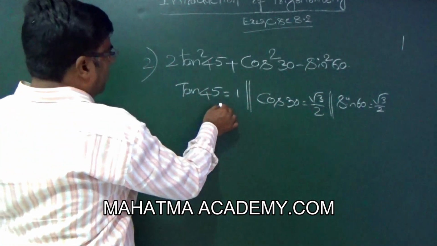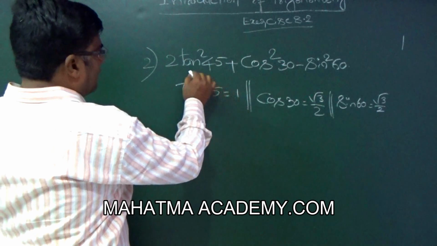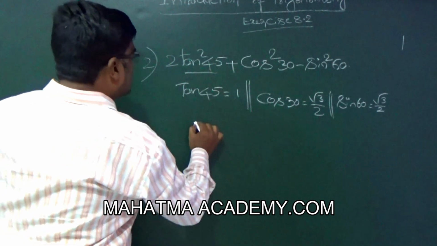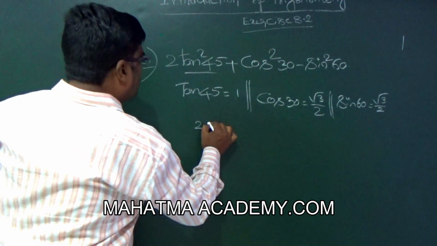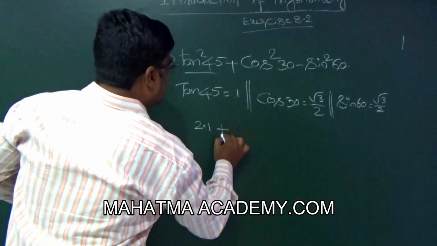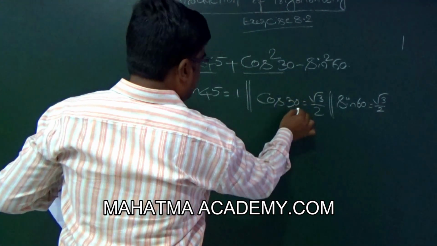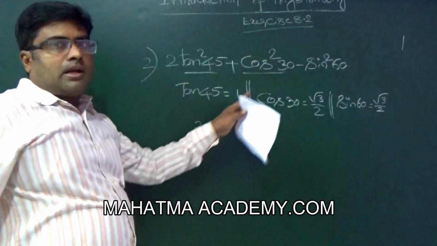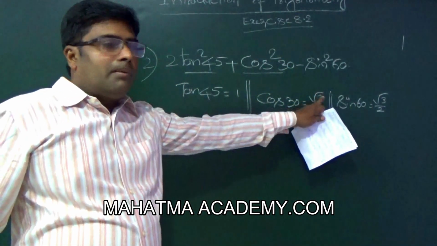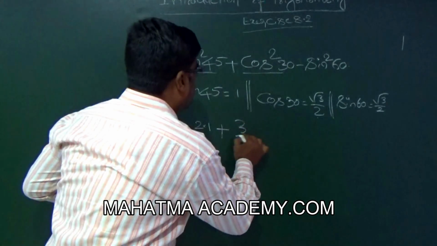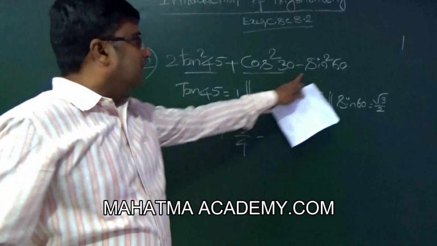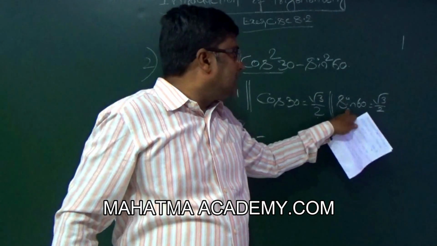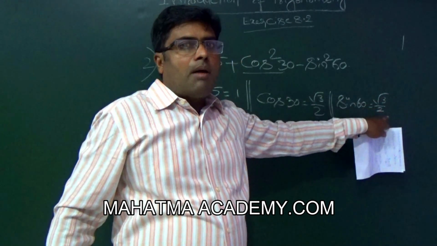What is tan 45? Tan 45 is 1. Tan square 45 is 1. So 2 into 1 plus cos square 30. Cos 30 is root 3 upon 2. What about cos square 30? Cos square 30 is 3 by 4. Sin 60 equal to root 3 upon 2.